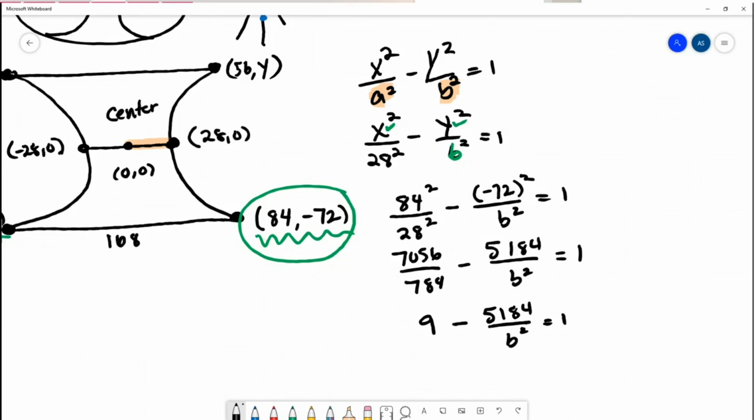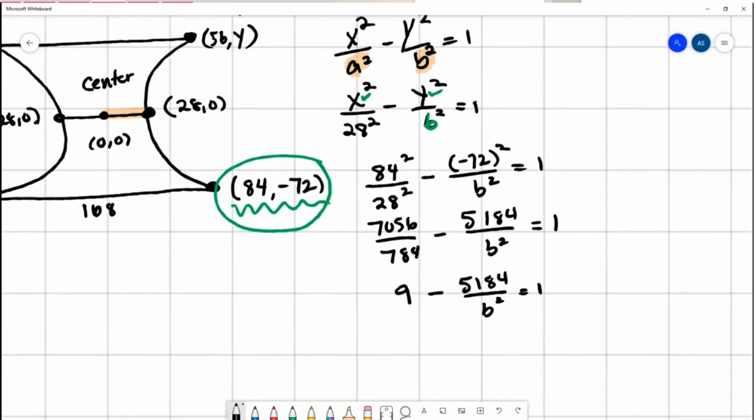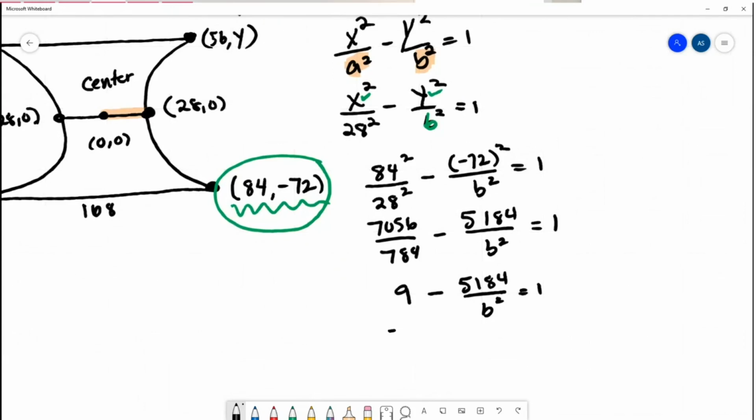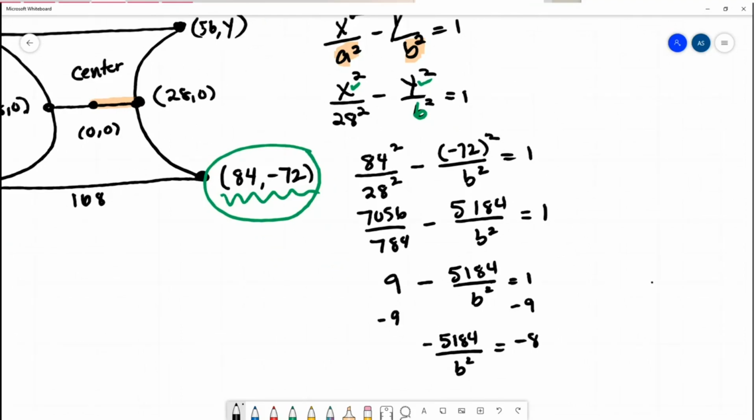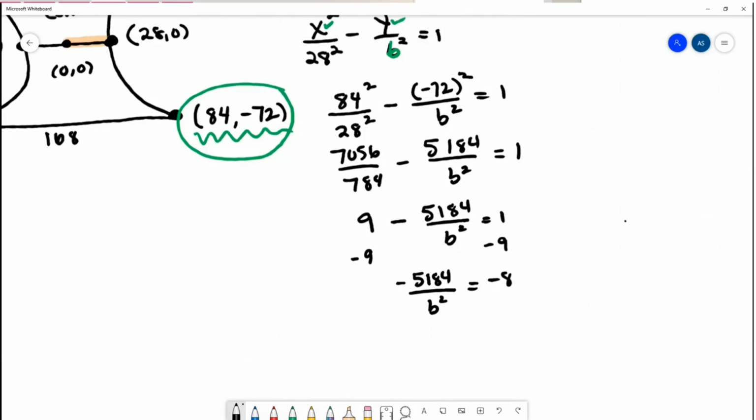And now I'm working to solve for that b. To solve for b, I'm going to subtract 9 on both sides. That gives negative 5,184 over b squared, and 1 minus 9 is negative 8. I'll get rid of that negative by multiplying by negative 1 on both sides. So I have 5,184 over b squared equals 8.